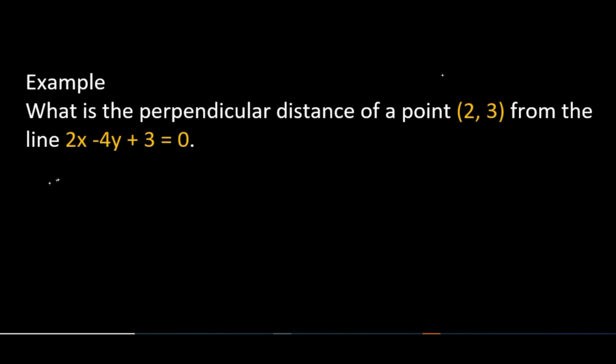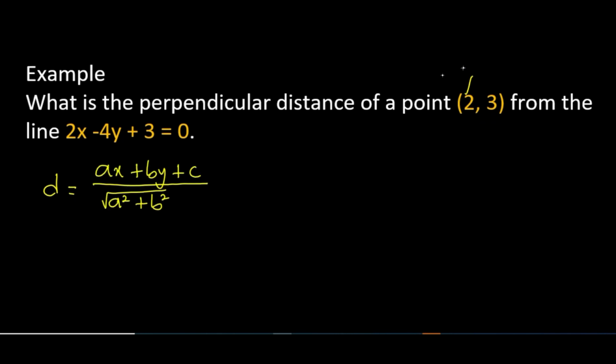We'll write our formula down. d is equals to ax plus by plus c over square root of a squared plus b squared. This is the x and y, it's 2 and 3 there. The line given to us is like the one on top. That is your a, b, and c. a is the coefficient of x, b is the coefficient of y, and c is the constant there.